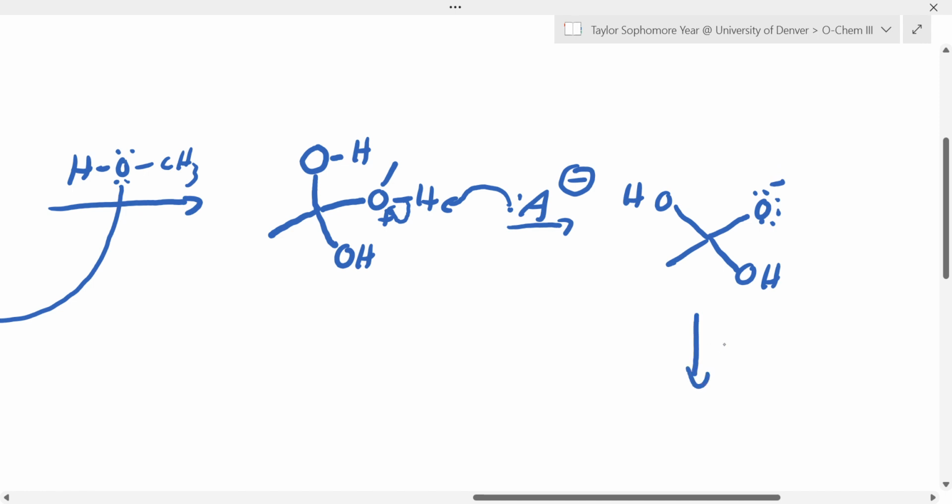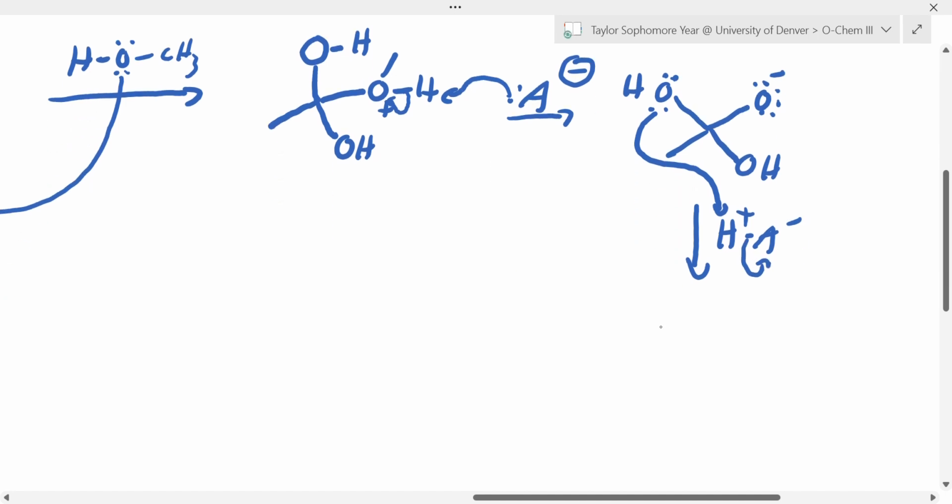From there, you can use another HA, where this oxygen can take another hydrogen, break the bond, creating H2O. Oops, sorry, that's an ether back up here.